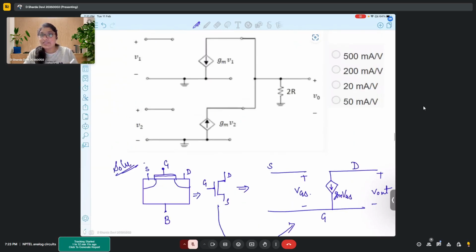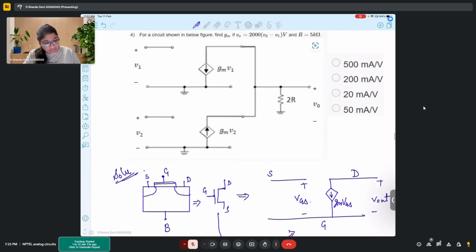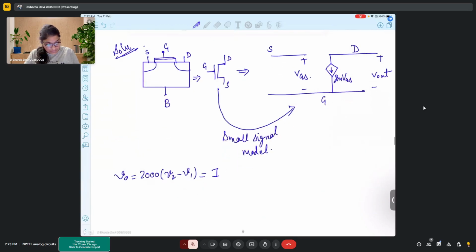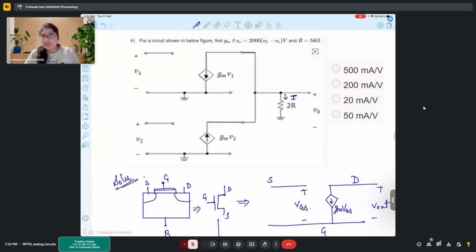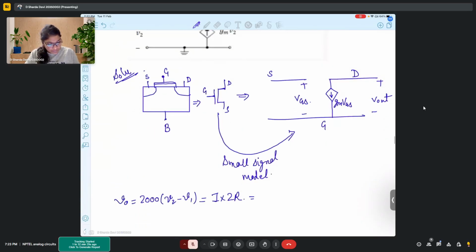And what is actually V out? V out is whatever the current is flowing through this 2R resistor, into 2R, right? So which is equal to I into 2R. R is already given 5 kilo. So I can write I into 10 kilo ohms.